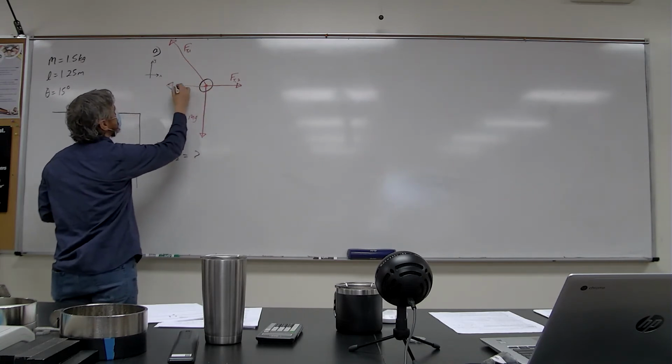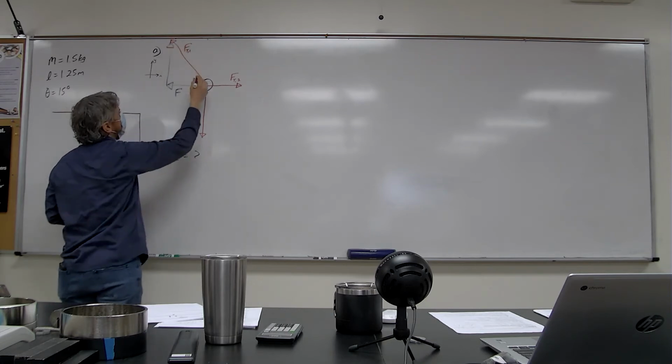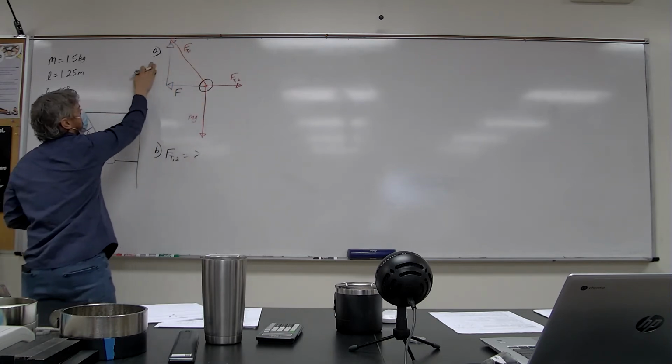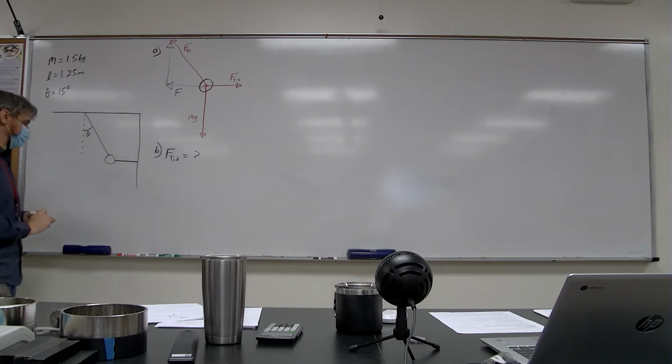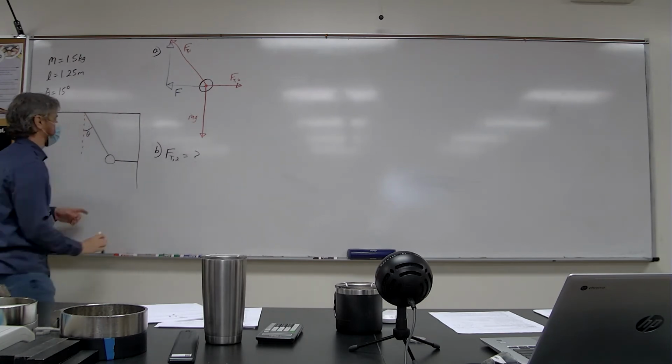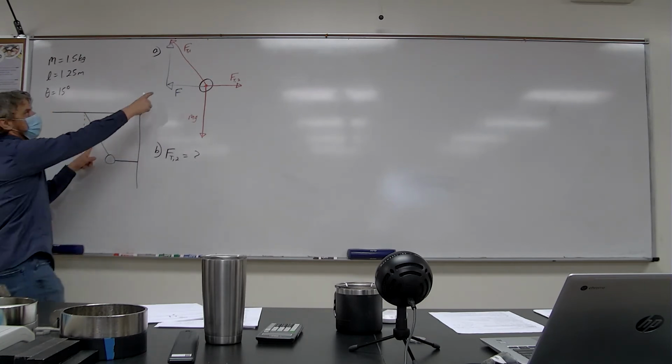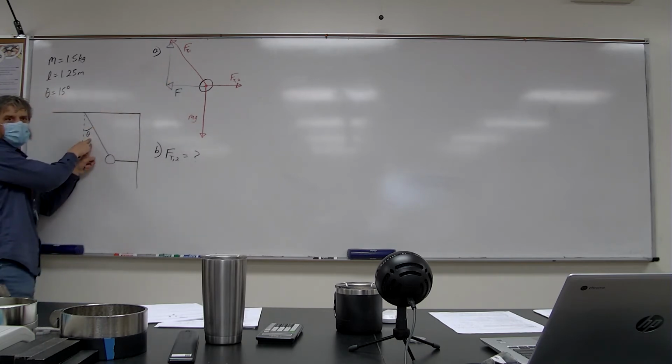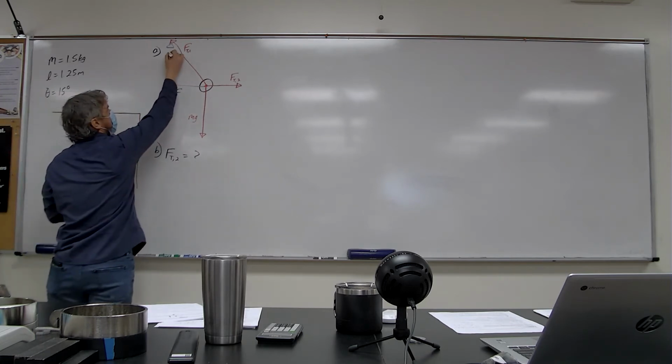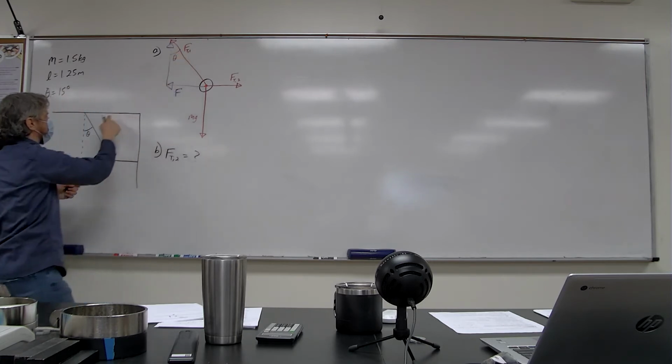Some students get locked into the horizontal component always being the cosine component, the vertical component always being the sine component. That's not the case here, because what angle in this triangle do I know? I know that top angle, right? This is theta. That angle is congruent to that angle.